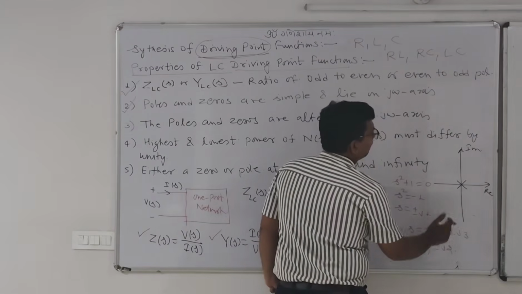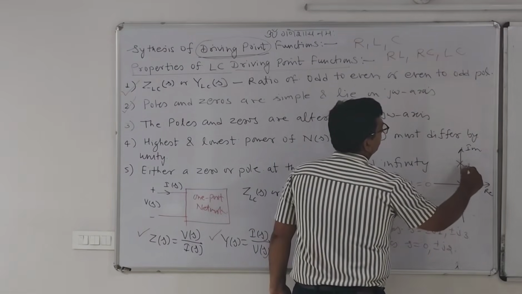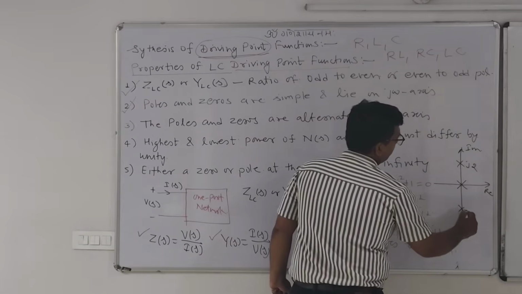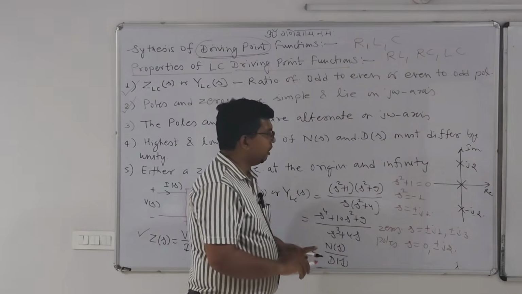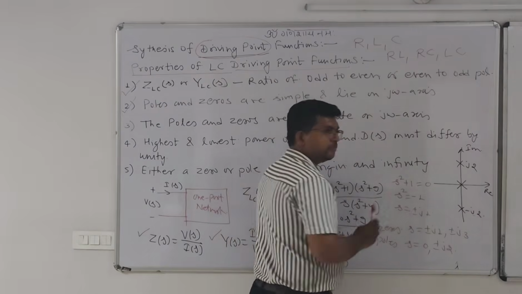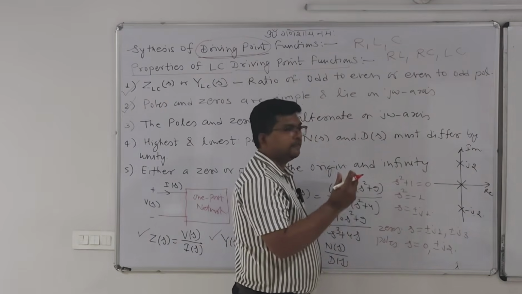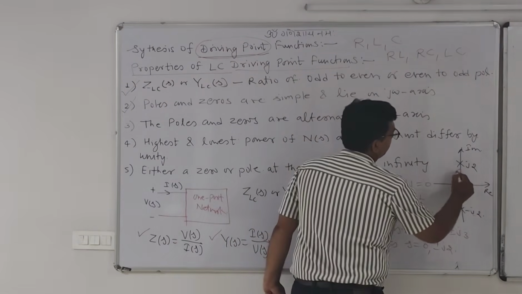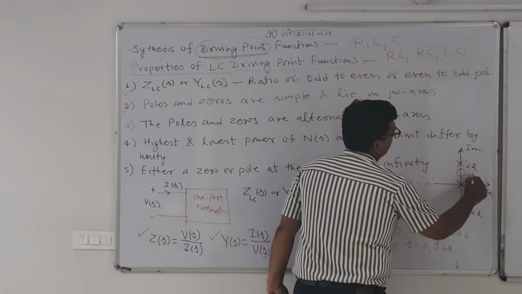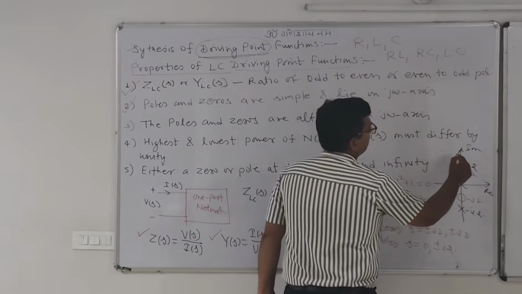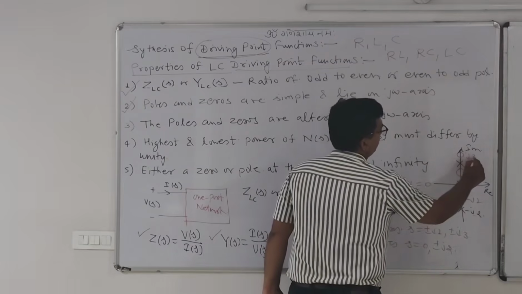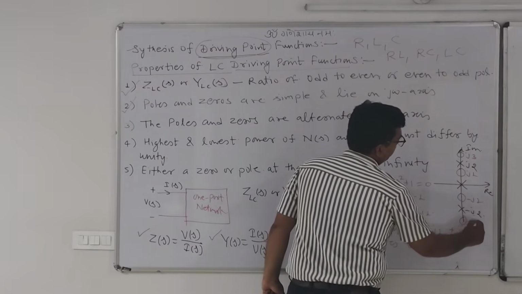Then this is plus j2 and this is minus j2. So there are three poles. Now how many zeros? There are four zeros and the zeros are represented by a circle. So we mark the zeros by circles: this is plus j1, this is minus j1, and similarly plus j3 and minus j3.